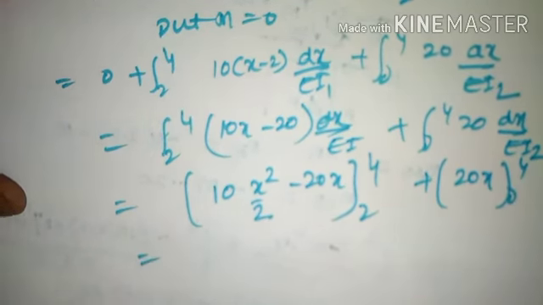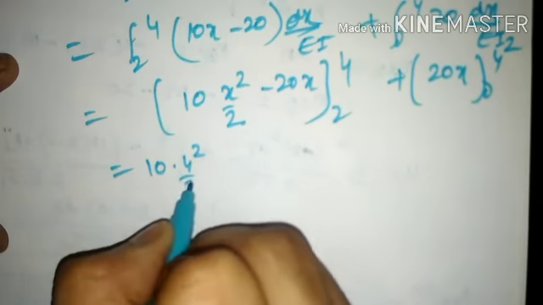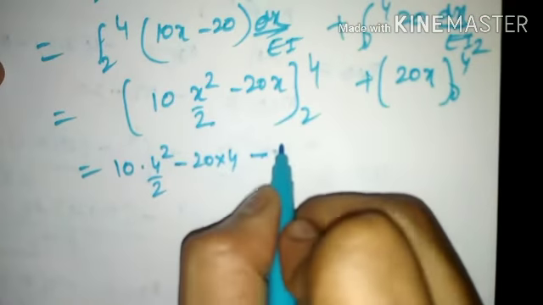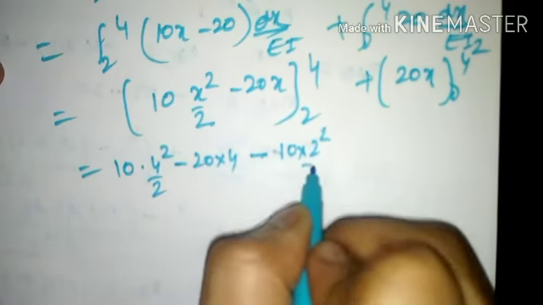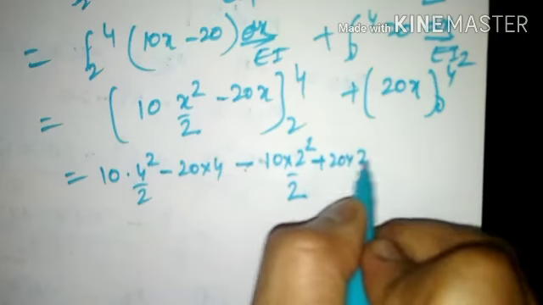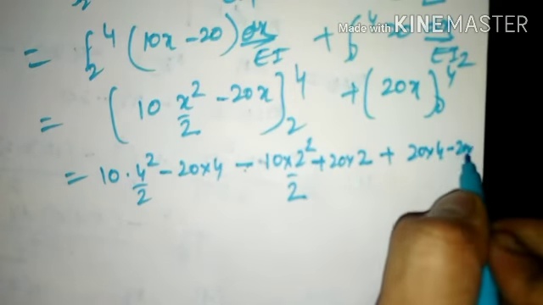So substitute the terms and check. This will be 10 into 4 square divided by 2 minus of 20 into 4, minus of 10 into 2 square divided by 2, so minus will be multiplied with plus 20 into 2. The second term will be 20 into 4 minus of 20 into 0.